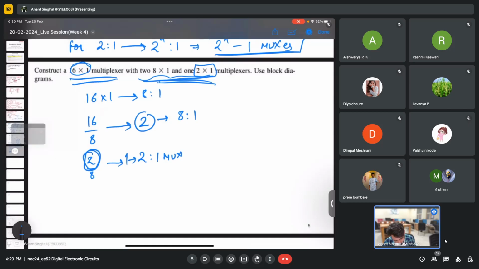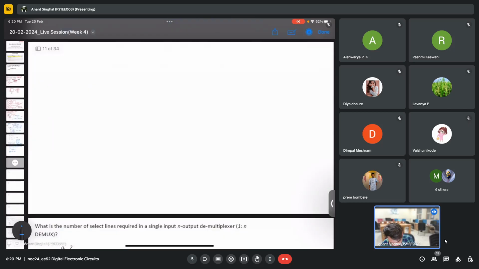Let me make it easier. For a 16 cross 1 mux, we will require 16 inputs, 4 select lines and a single output. If I take two 8 cross 1 muxes, one will take inputs I0 to I7, let's say, and the other will take I8 to I15. Each has 3 select lines, and the total inputs are now 16. Each will have a single output.